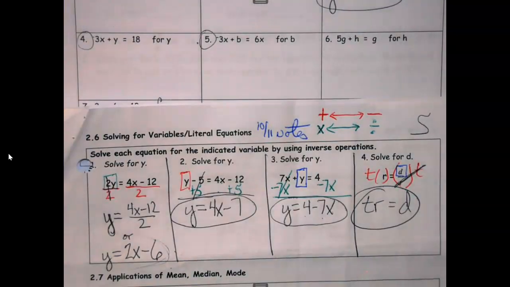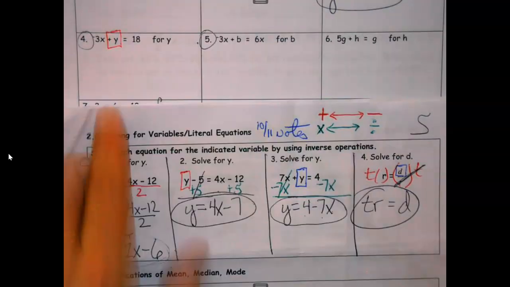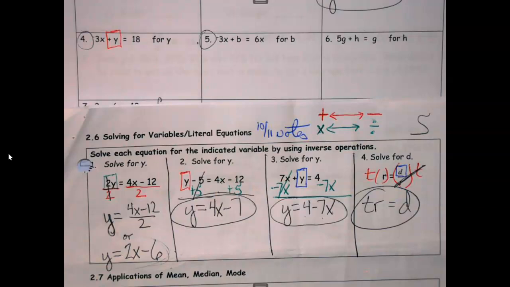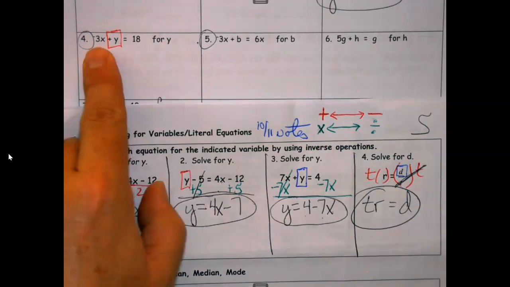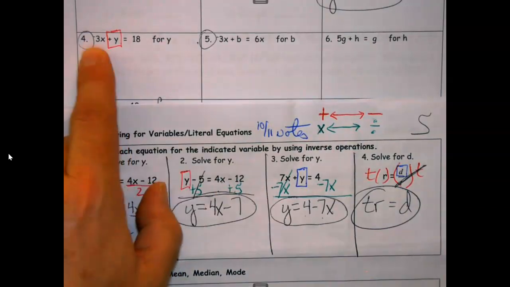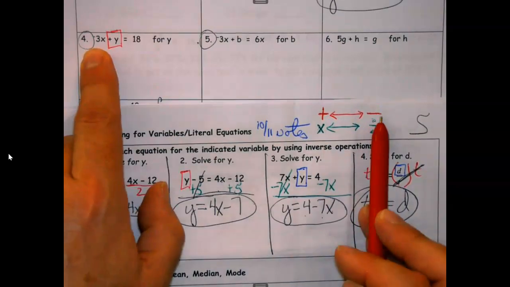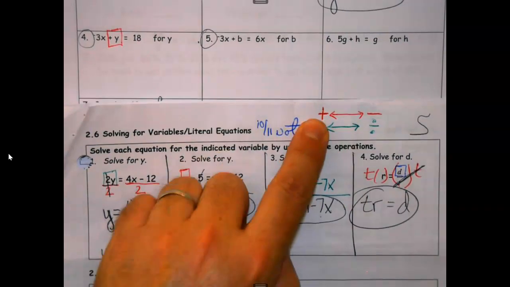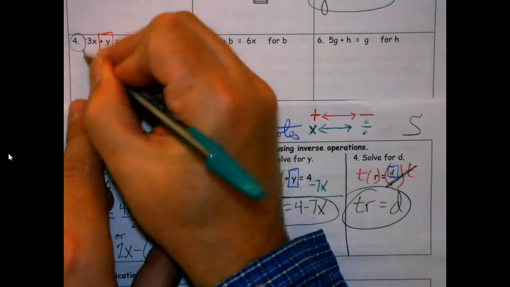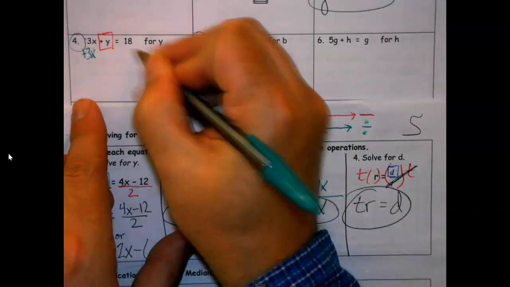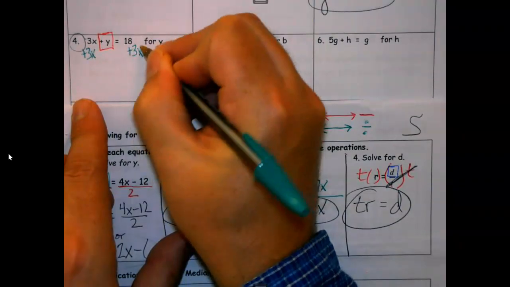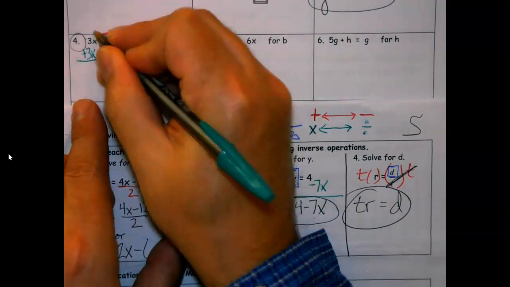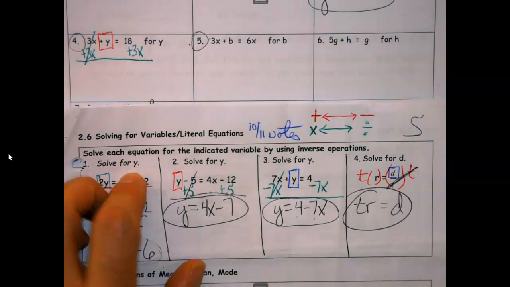Let's keep looking for things that are similar. Box in that variable. Minus or negative 3x. Follow it back over. So we need to do the opposite to get that out of there, because again, y wants to be by itself.